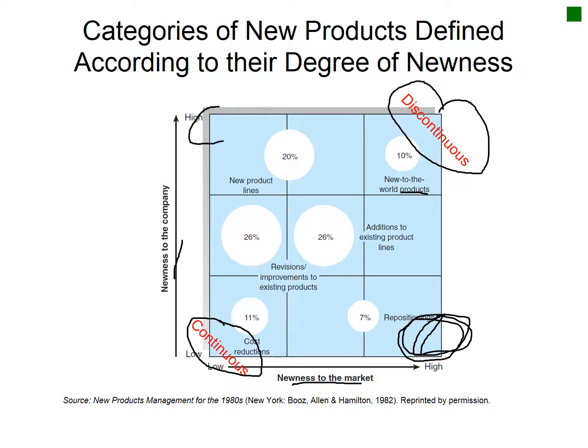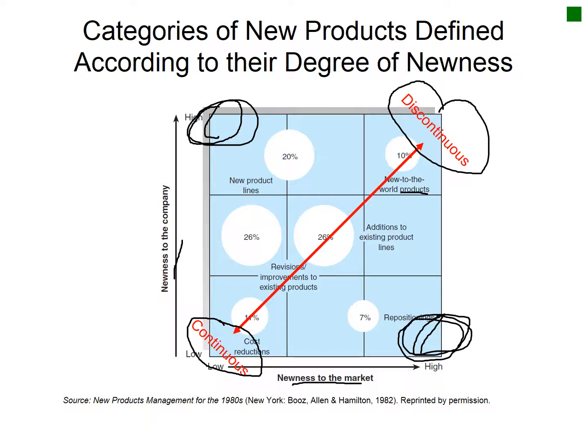And up here, if we had a product, it could be completely new for the company, but it may be a product that already exists and one that the market is familiar with. So if a product already exists, but we want to start to offer it, it might be new to us as a firm, but not necessarily new to the marketplace. So this is how that continuum works relative to the different types of products that we offer in the marketplace.